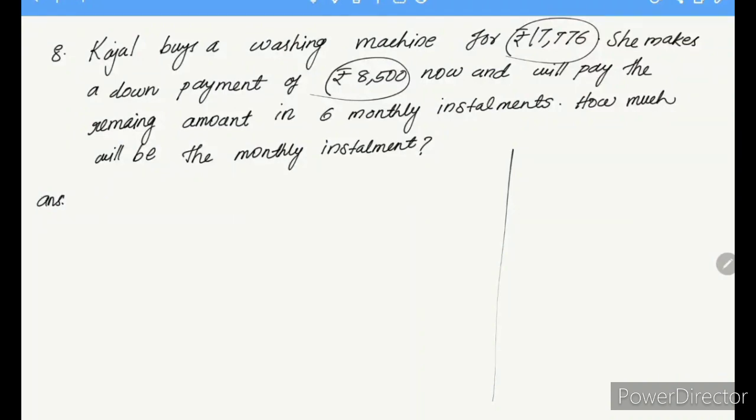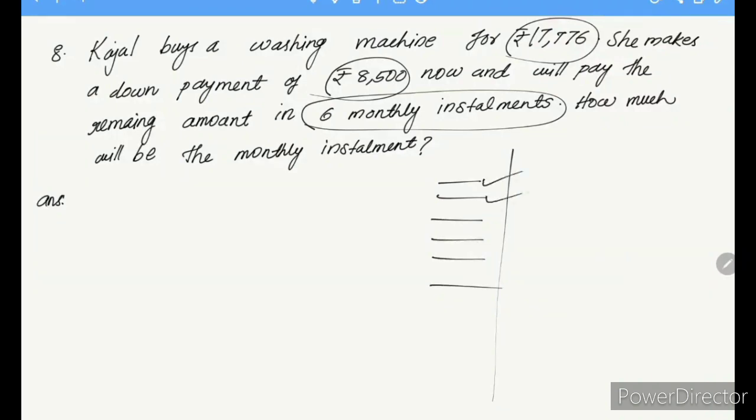Okay. And she will pay the remaining amount in 6 monthly installments. Means within 6 months she will pay the full amount. Okay. 1, 2, 3, 4, 5, 6. Equally she will pay in 6 months. And how much will be the monthly installment? That means in 1 month how much rupees she will pay.